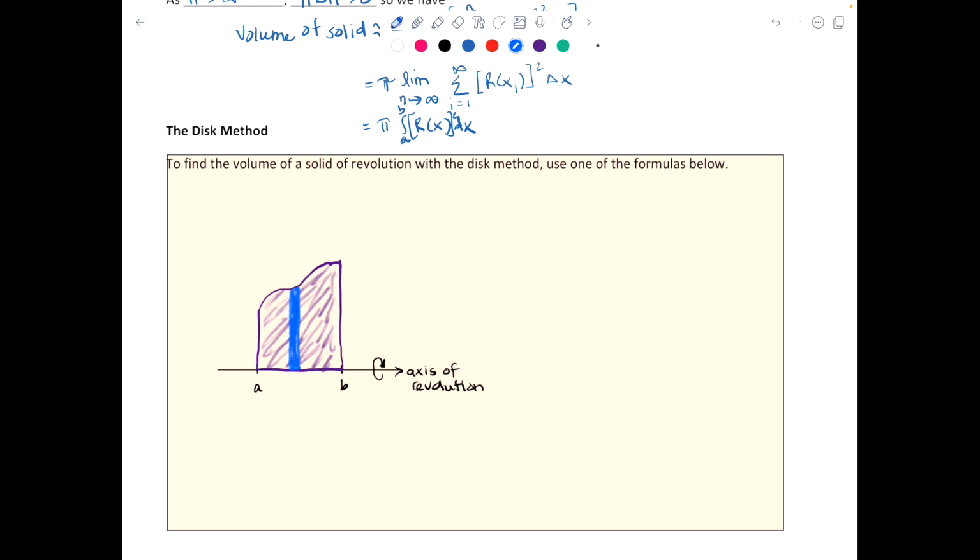And so here, this right here is going to be our R at x. The width of the rectangle is going to be dx. This is for a horizontal axis of revolution.